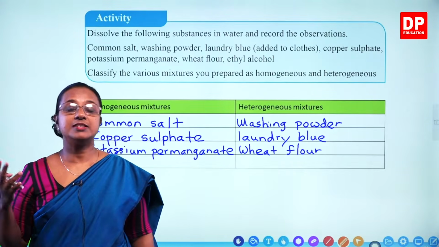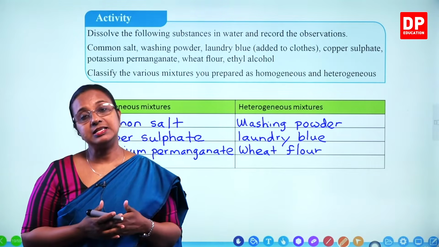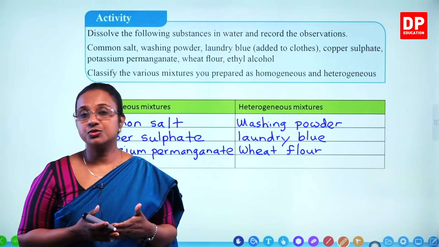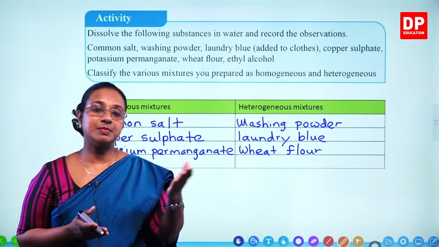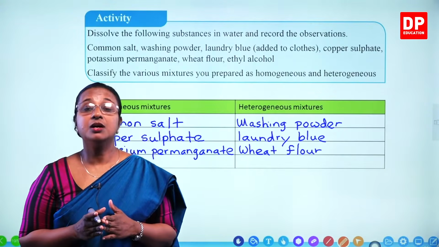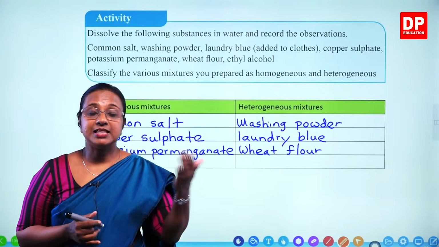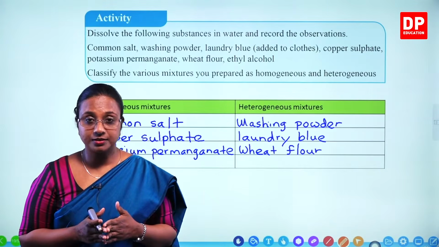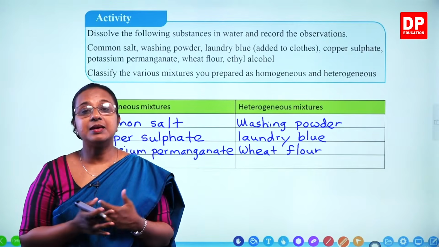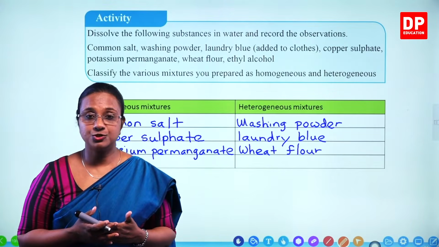Then we have ethyl alcohol. Ethyl alcohol is an organic solvent available in the lab, and it is used in the household also for certain medicinal purposes. So, this is a clear solvent, a liquid. When you mix ethyl alcohol with water, you can see they mix well together and you get a clear solution.